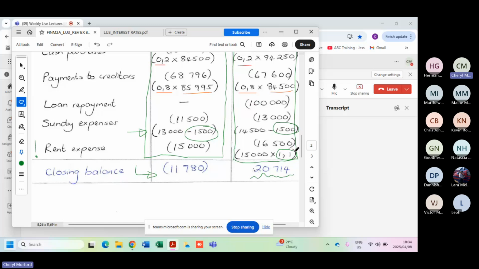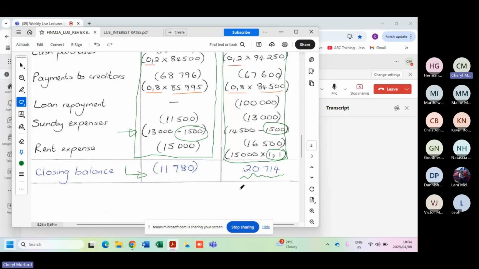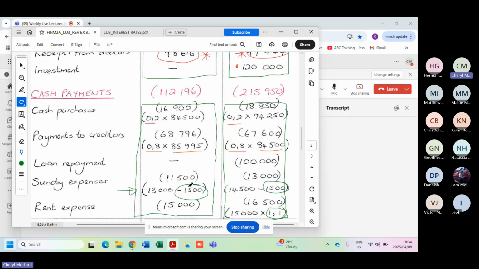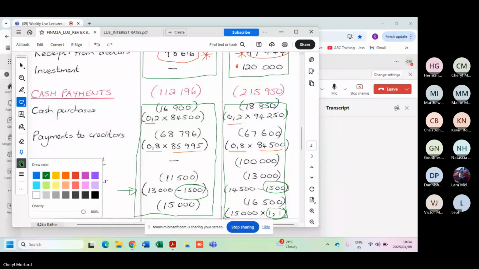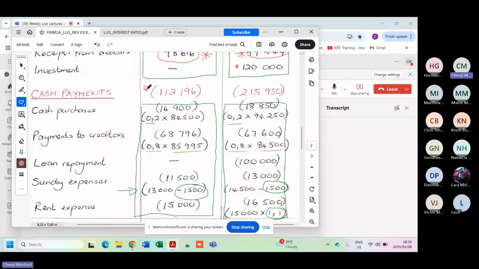And then like I explained at the beginning, on a monthly basis, we're going to take all of the payments, remember with brackets around, payments are brackets for negative, add all of the payments up, and that will give us this number over here, this one, the 112,196.